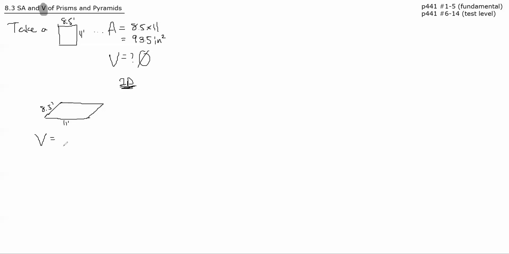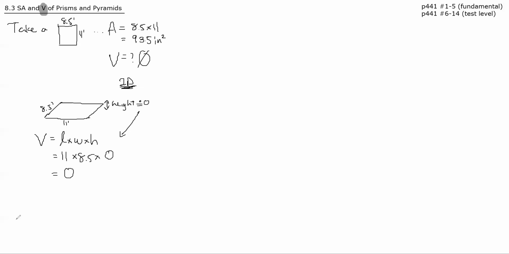Volume is going to be length times width times height. In this case, length is 11, width is 8.5, and what's the height of a piece of paper? Height is virtually 0. So if you multiply by 0, what do you get? You basically get 0. This is why volume does not exist for 2D objects.